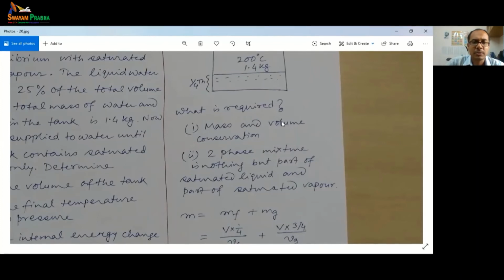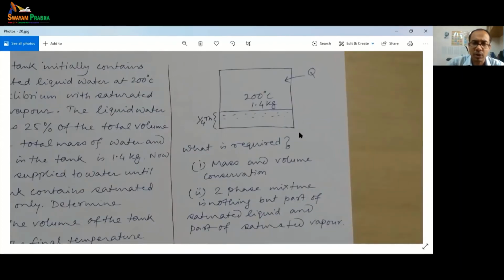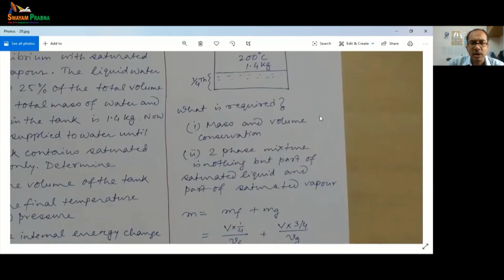So to solve this problem, what do we require? First is the basic principle of mass and volume conservation. This is a rigid tank, so volume will be conserved as well as mass. Mass will not be able to escape or come in. Then the second thing you require is that a two-phase mixture is nothing but part saturated liquid and part saturated vapor.